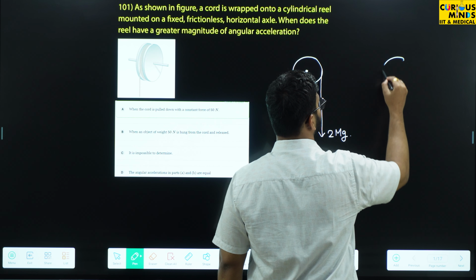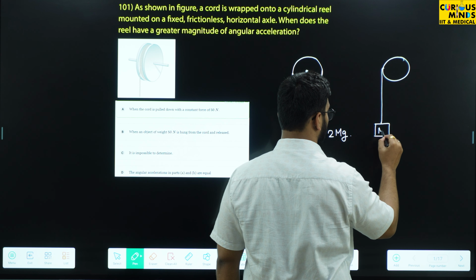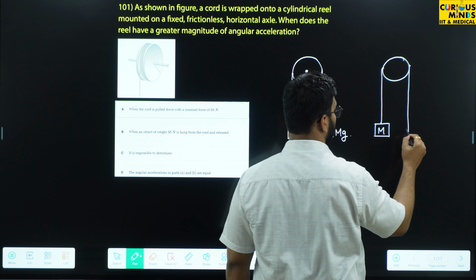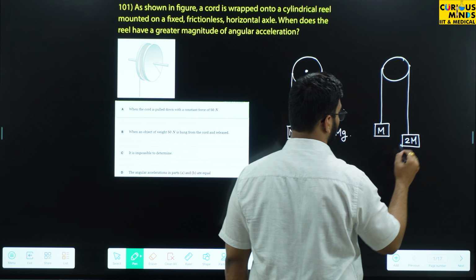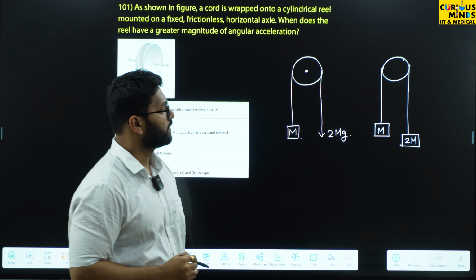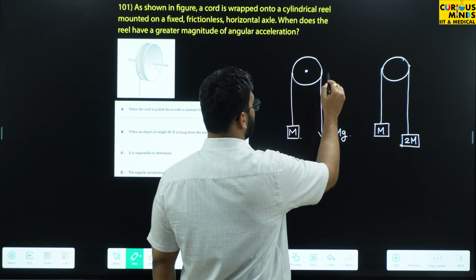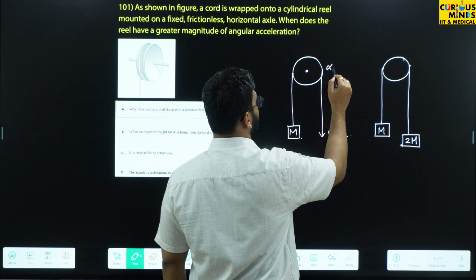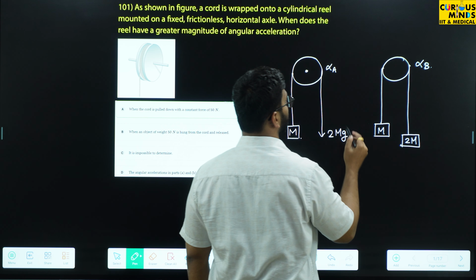And now let's say another case where there is again the same mass m, and I am not pulling this time. I have kept a mass of 2m. So in which case will the angular acceleration be more? Let's say this is angular acceleration alpha A in this case, and this is alpha B. Which is greater?